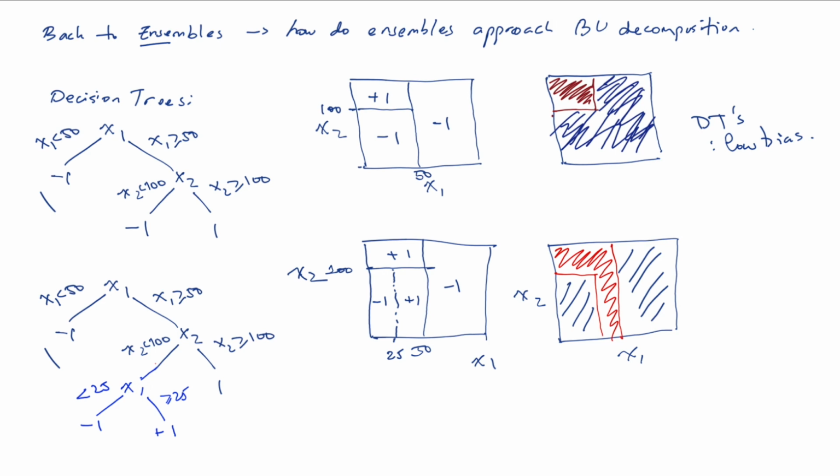And what about the variance? Well, you can see that they're going to have really high variance because they can fit basically any noise in the data, right? They can fit any decision surface by just, if you keep splitting and splitting and splitting, you'll get these really weird surfaces.